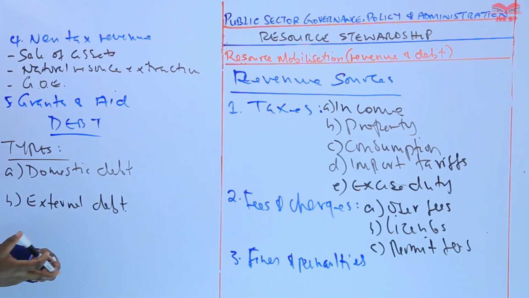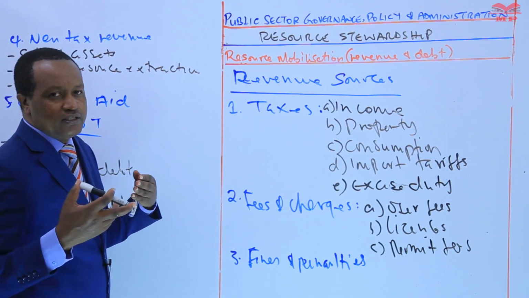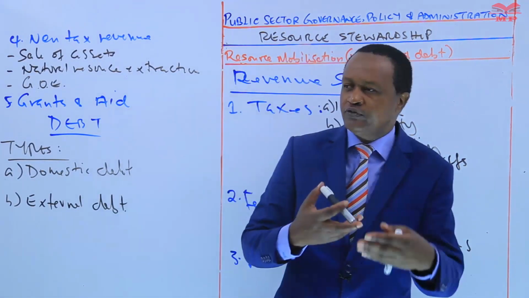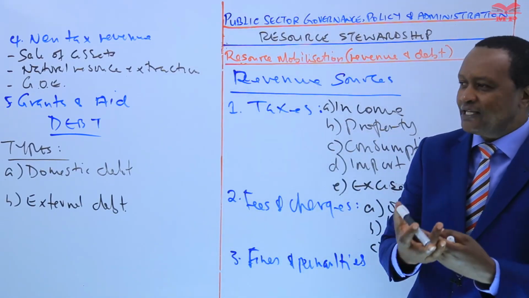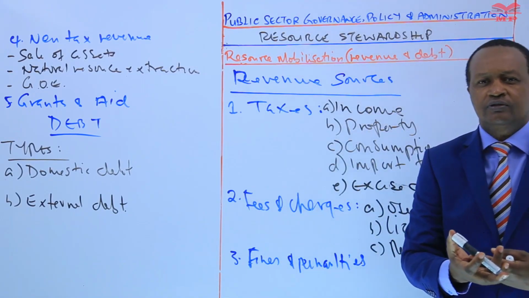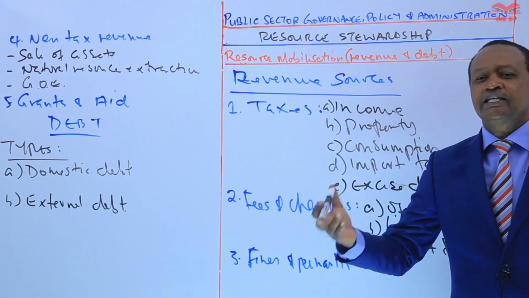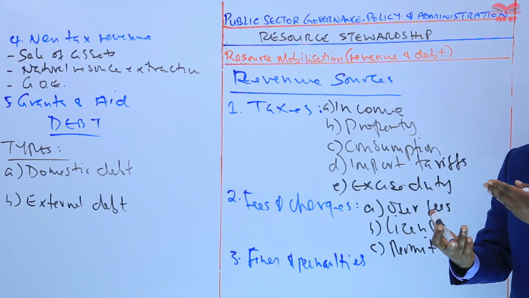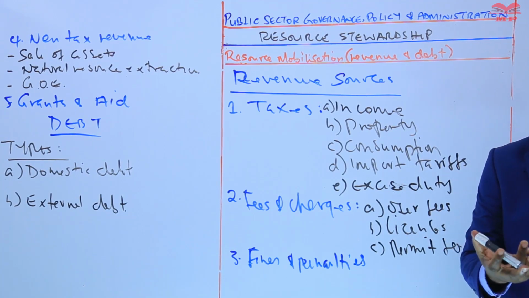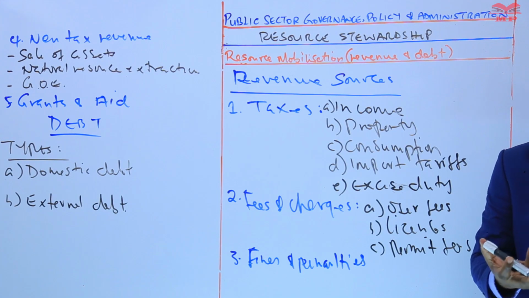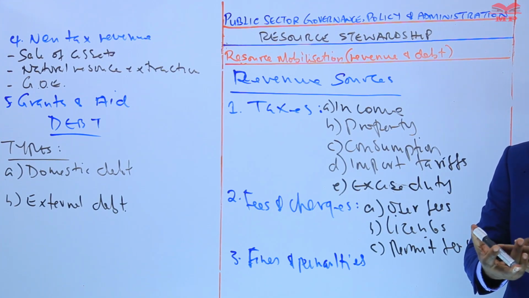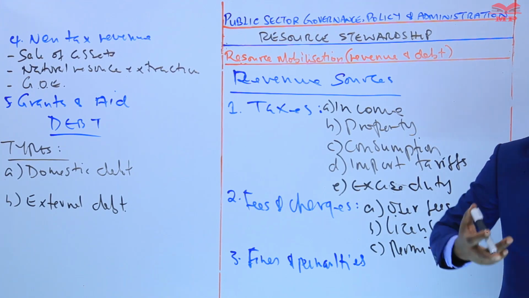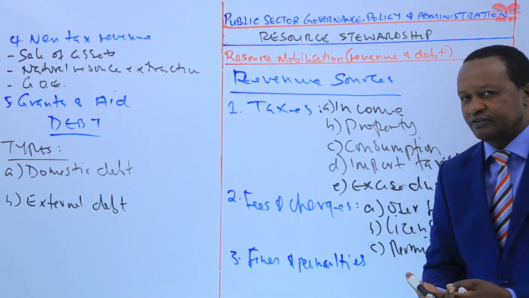And candidates, effective resource mobilization involves a balanced approach to revenue generation and debt management. It requires, one, an efficient tax system that is fair, transparent, and efficient, that can collect sufficient revenue to finance government activities.